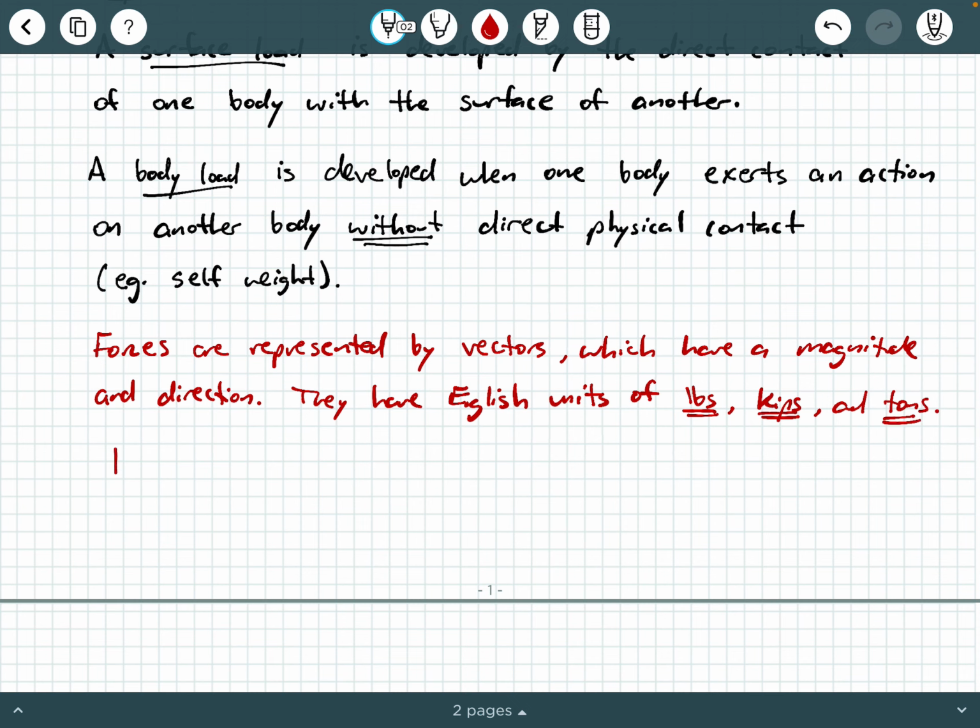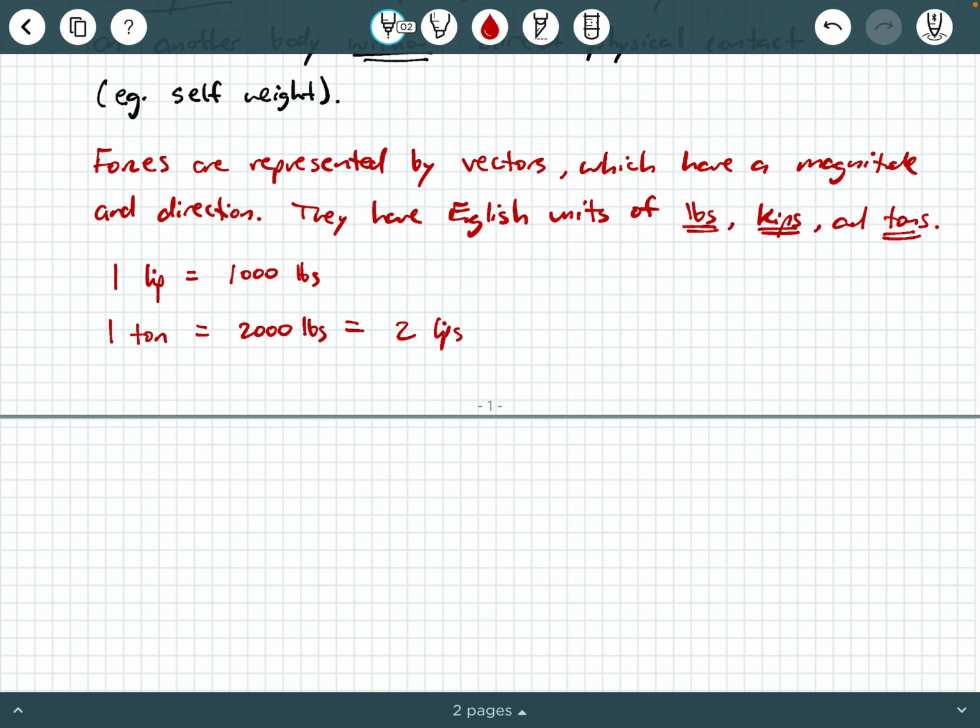Now, if you remember, 1 kip is equal to 1,000 pounds, and 1 ton is equal to 2,000 pounds, or 2 kips. Okay? In SI units, the base unit of force is newtons.